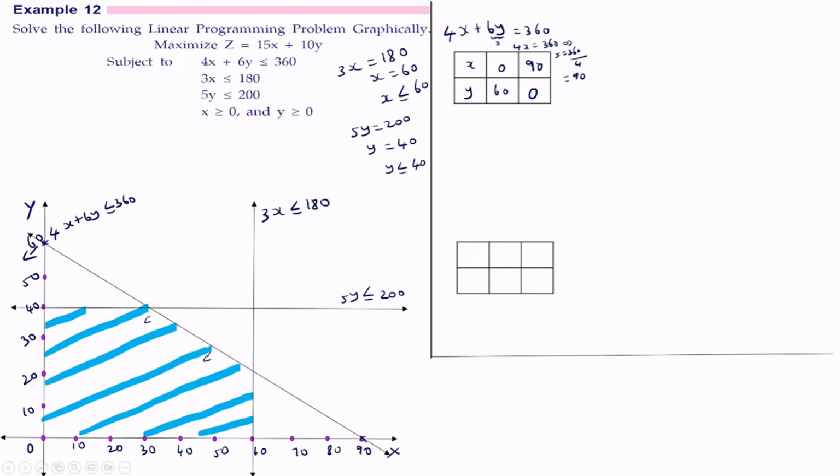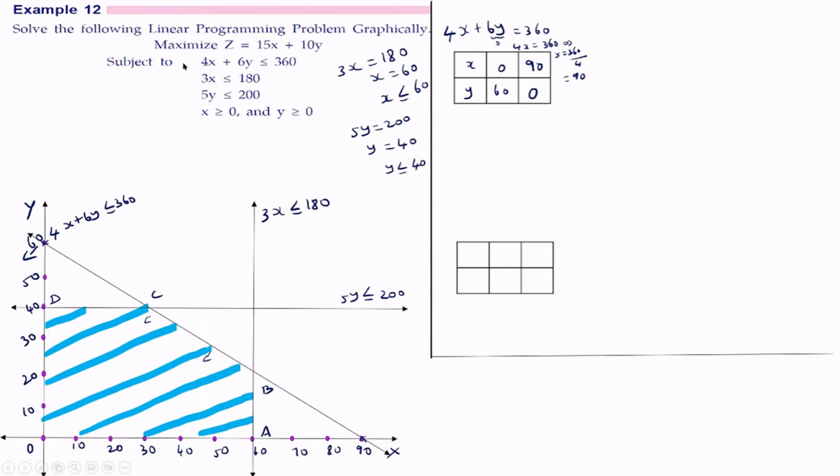So we know the coordinates for this corner point. It is 60, 0. For this we can find, and for this one also we can find. So let us mark the corner points A, B, C and D. So these are the 5 corner points O, A, B, C and D. Now let us find the corner point that will maximize the objective function z.